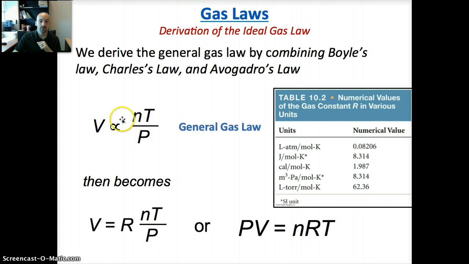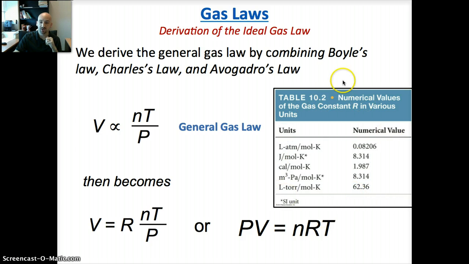But this proportionality constant here, we can actually call R. R is just the ideal gas constant. It has varying units and different numerical values for each of these units. So it's important that you understand what the units are for pressure, volume, moles, and temperature, to determine which R value you're going to choose.